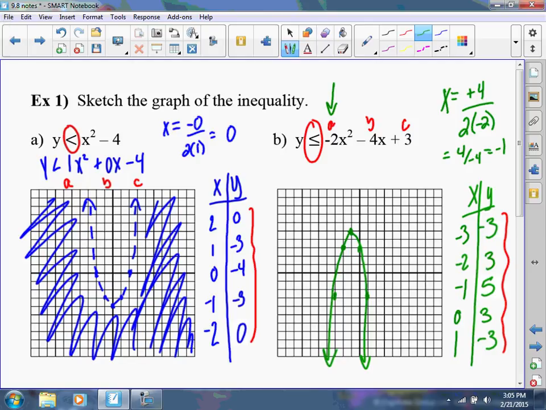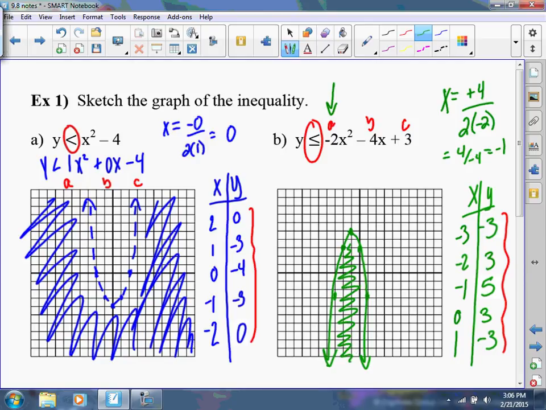So again, think of the ends of the parabola as ends of string that you can pull out in both directions and make it a nice horizontal line. This is less than, so that means I would shade below that horizontal line. But then if I pulled the ends of the parabola back down to make it curved, all that stuff that I shaded below would now be inside the parabola.